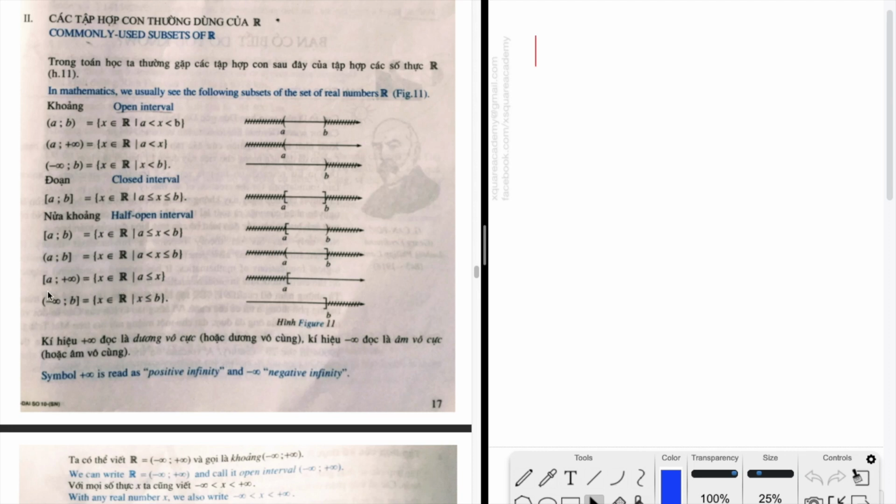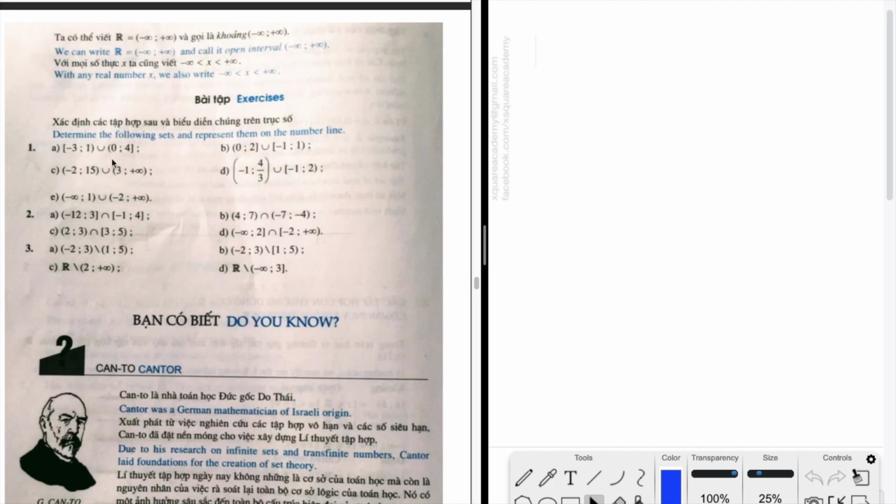Next, from a to positive infinity, and from negative infinity to b, with the opening square bracket and closing square bracket. This is the symbol for positive infinity, and this is negative infinity. We can write R contains negative infinity to positive infinity, and this is an open interval.